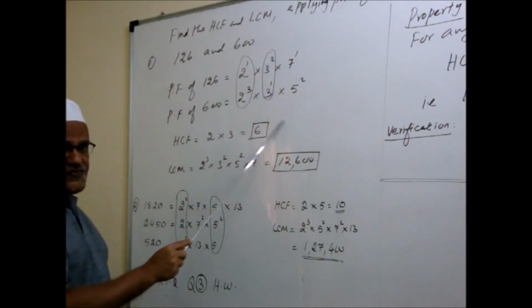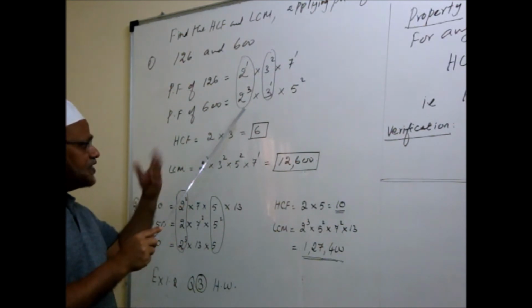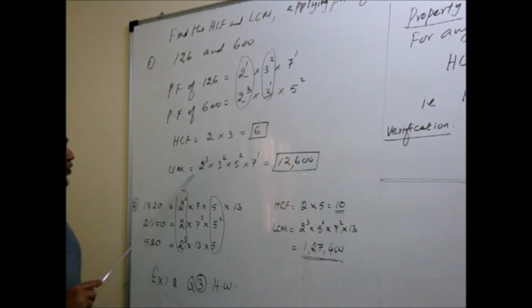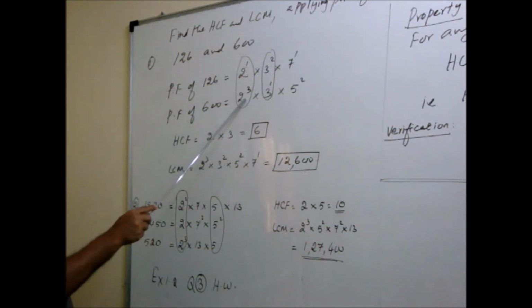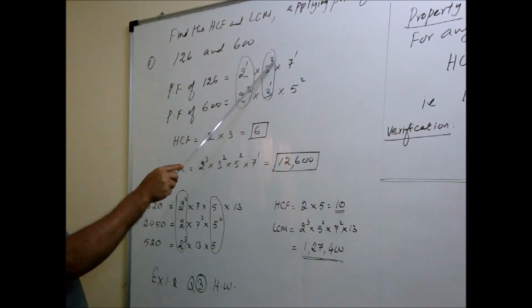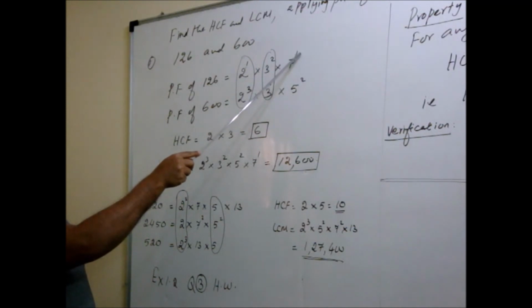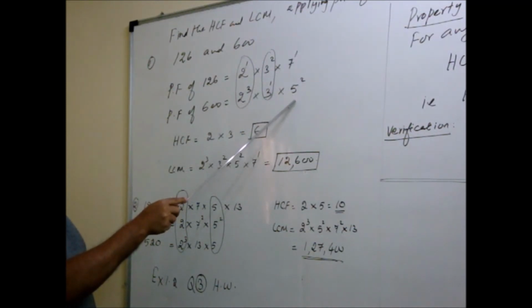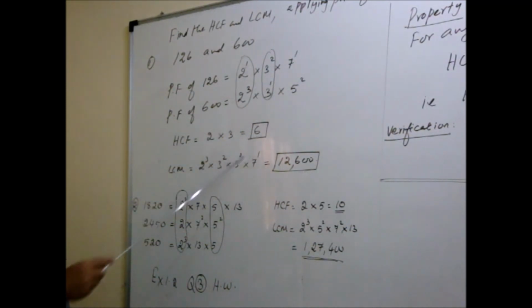Among the 2's, what is the highest power? I take 2 cube. Among the 3's, 3 square. You have only one 7, so 7 power 1. Here 5 square. These are all multiplied. I don't have to see where is common.